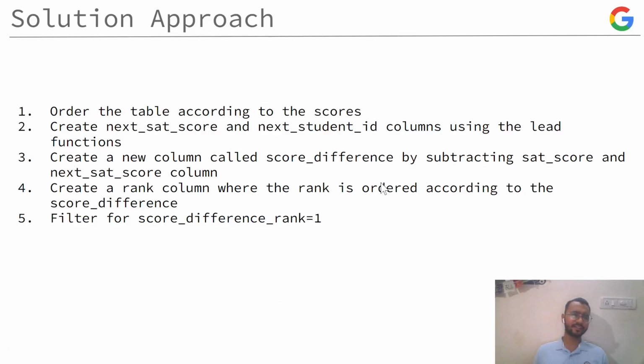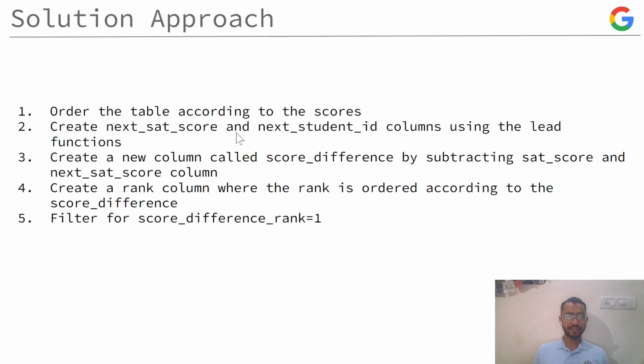So this is a five-step problem where we will be using multiple subqueries to get the final results. Initially, we will order the table according to the scores so that every two scores that have a close difference are arranged sequentially. After that, we will create two columns, next SAT score and next student ID, using the lead functions.